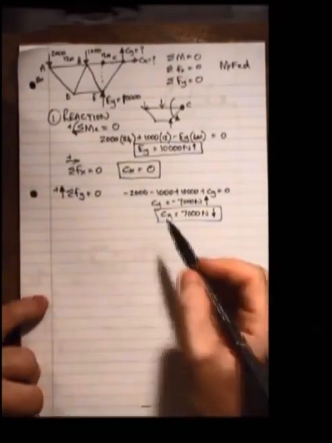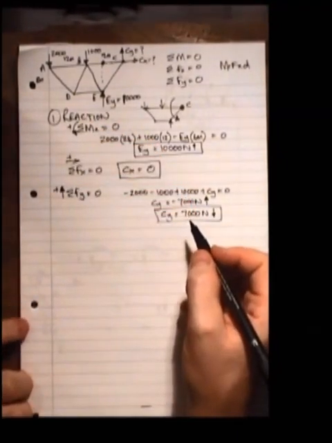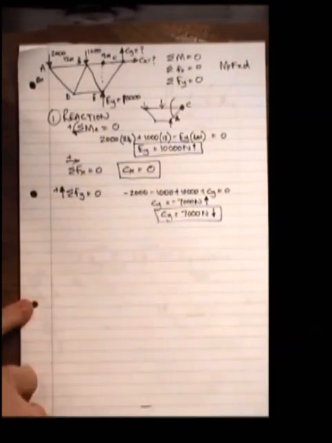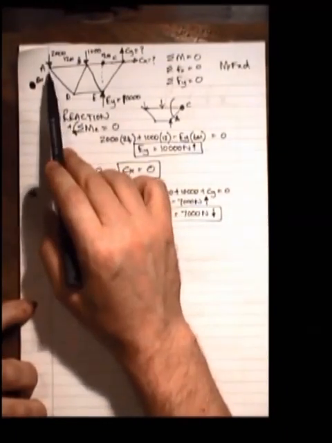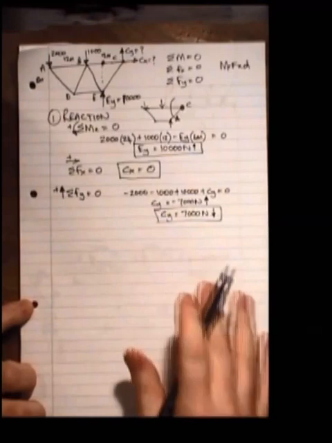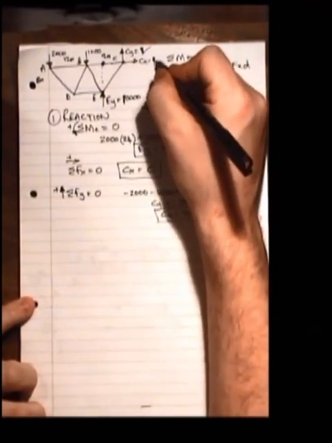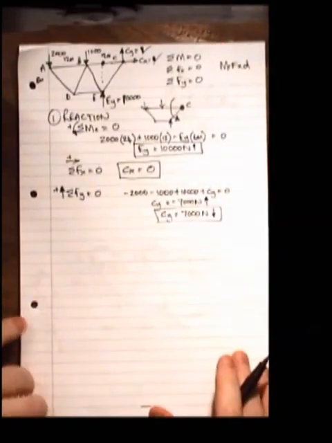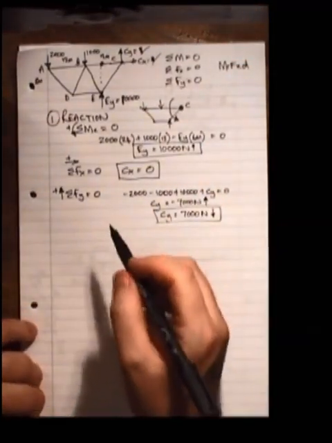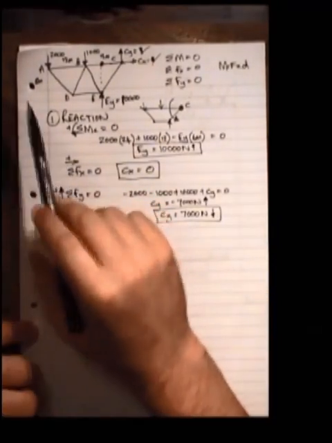So on reactions, what I've done, I've worked out the angles. The second thing that we're going to be doing is working out each joint. So you can start at any joint as long as there's not more than two unknowns at a particular point.